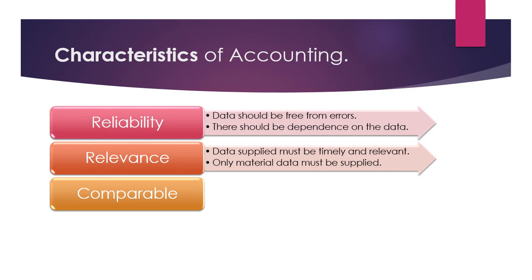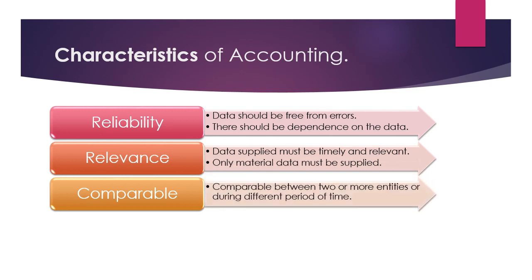Comparable. The third characteristic of accounting is comparability. Inferences or conclusions can only develop when it can be compared with some other similar business or that of a previous period. Comparability thus plays a vital role in preparing a financial statement.